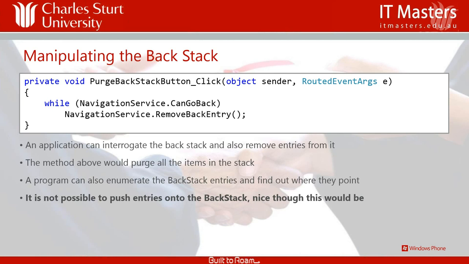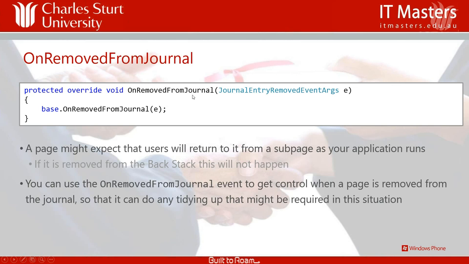You've got to bear in mind that the thing we're after is a very consistent user experience and particularly a consistent use of that back button. So if the user hits the back button, they're expecting to go back to the previous page within the application or back to the previous application they had open. There's also an event handler that does get invoked when a page is removed from the backstack. So again, you can intercept that and handle that appropriately.